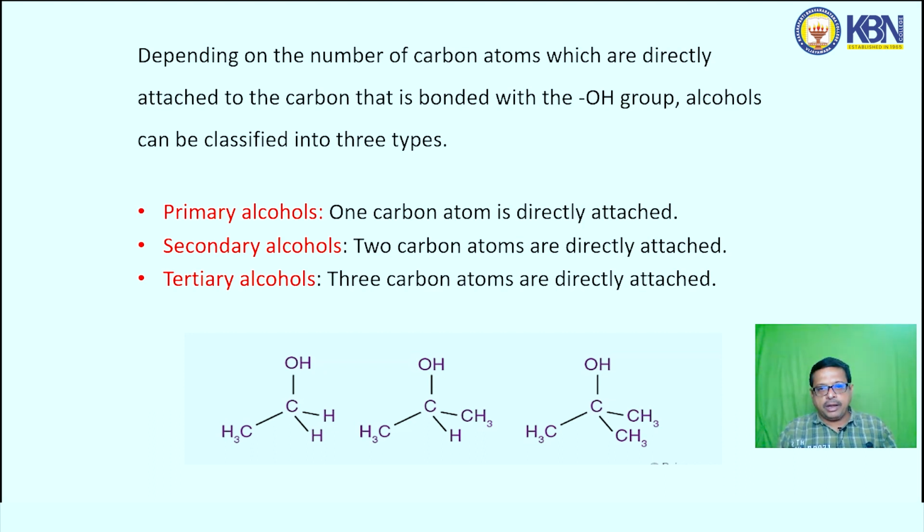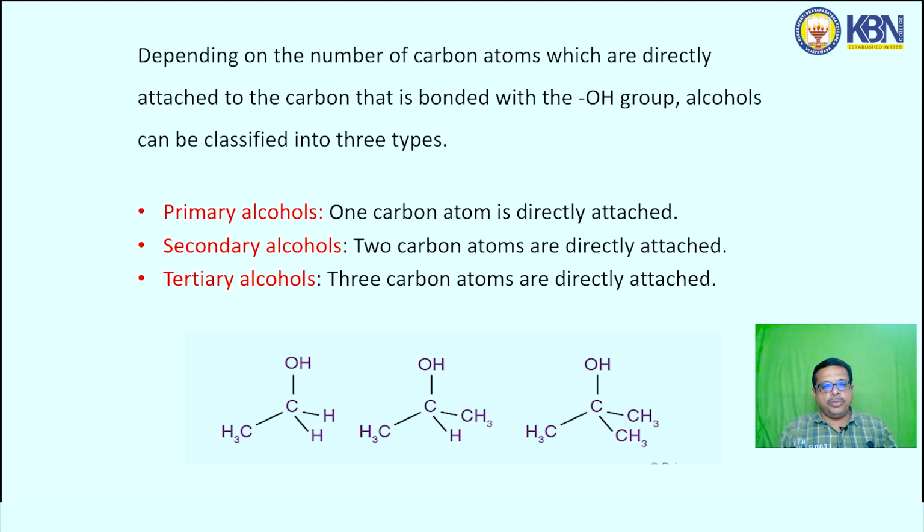In primary alcohols, one carbon atom is directly attached to the OH group. In secondary alcohols, two carbon atoms are directly attached to the OH group. In tertiary alcohols, three carbon atoms are directly attached to the OH group.